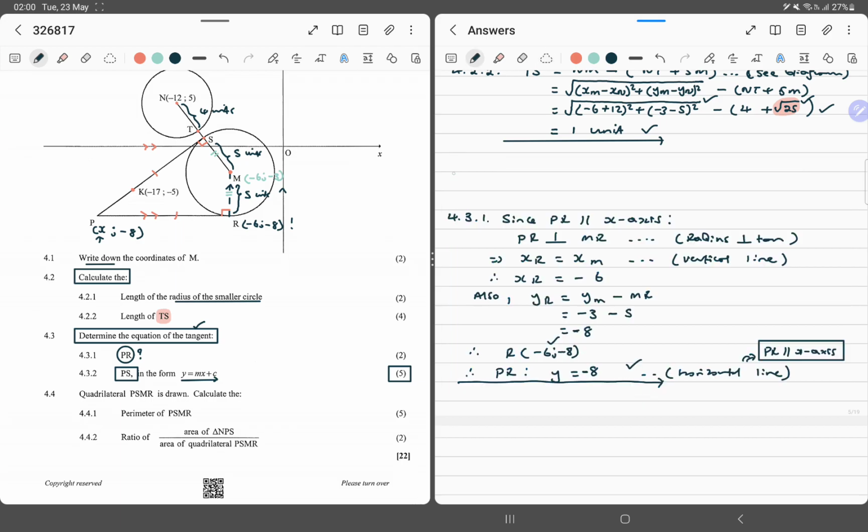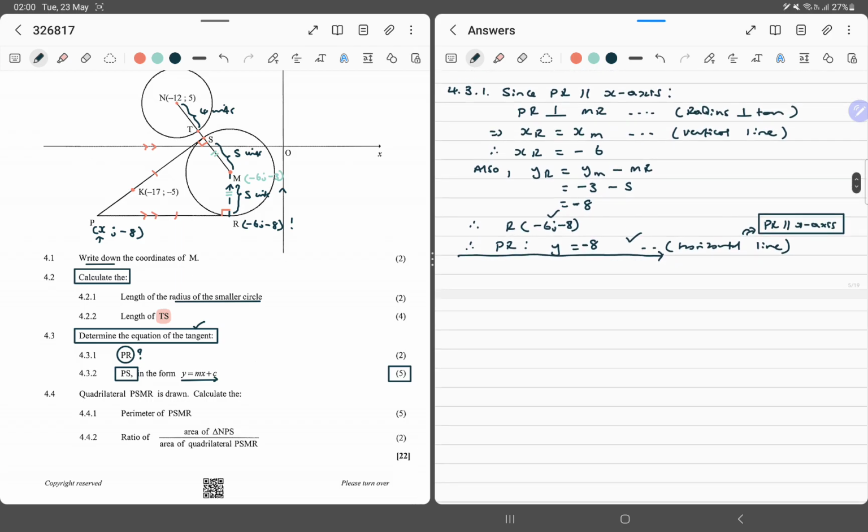So this is 4.3. Then we've got 4.3.2. Now PS, we know that we start here by saying the gradient of PS multiplied by the gradient of MN is equal to -1. Why is that? Let's start differently.